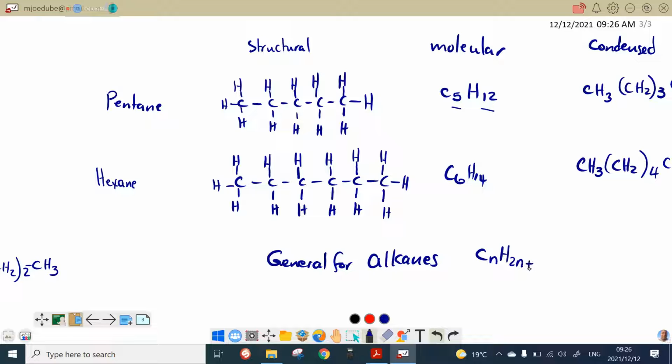So if I've got 5, then 2 times 5 is 10, plus 2, this would give me a total of 12. So the general formula is CnH2n+2.